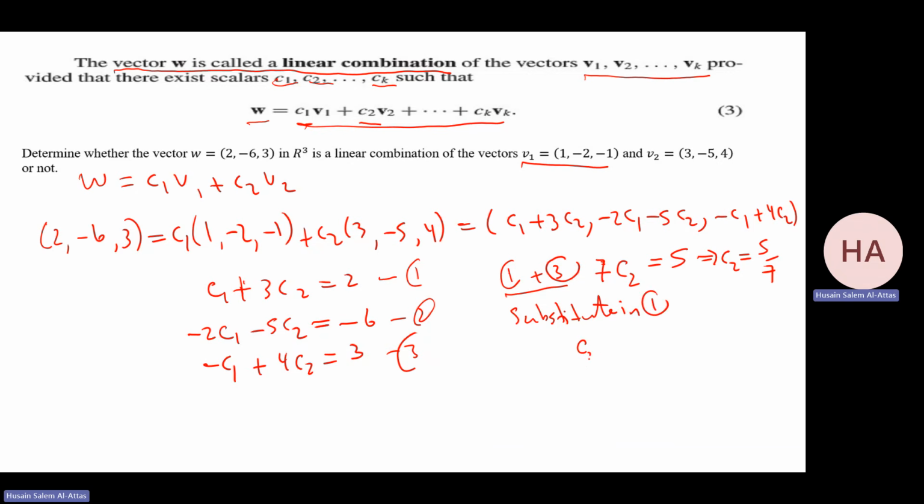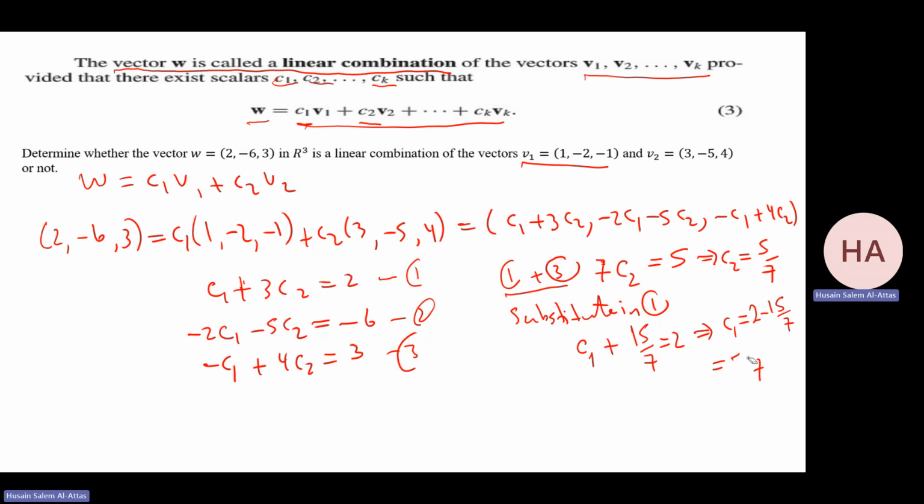I have C1 plus 3 times 5 over 7, that is 15 over 7, equals 2. So C1 is 2 minus 15 over 7, which is what? 2 is 14 over 7, so it's minus 1 over 7.